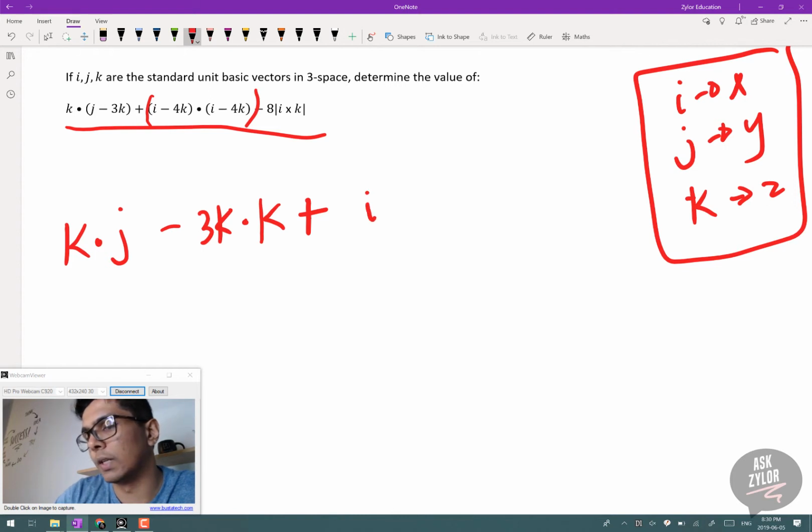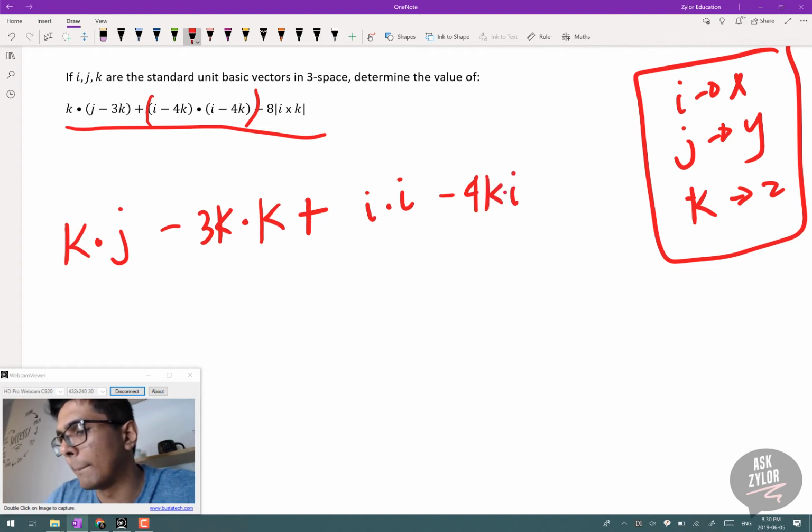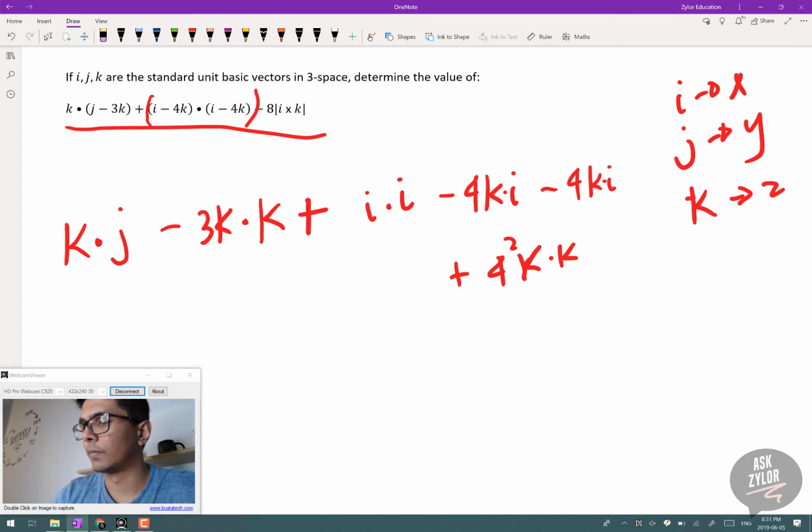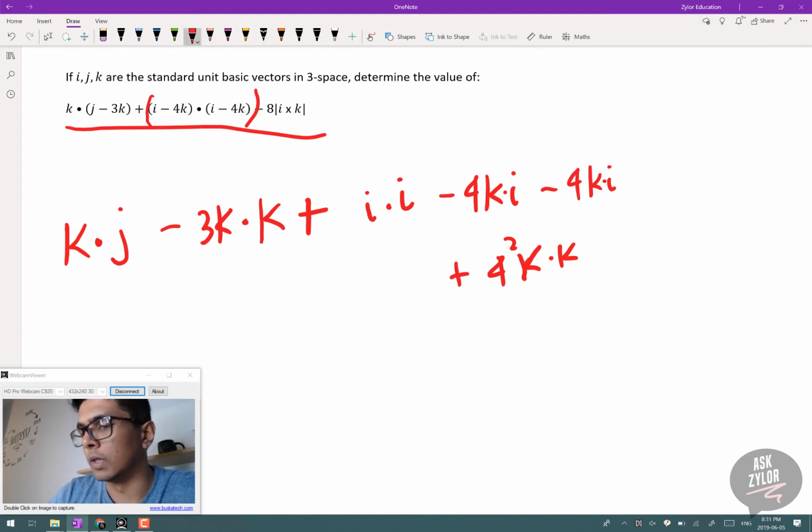So we have i dot i, minus 4 k dot i, minus 4 k dot i, plus 4 k squared essentially, right? k dot k. And then it's minus 8 times the cross product of i and k.